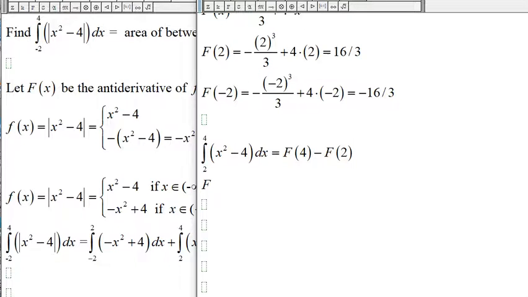For this particular integral, the integrand is x squared minus 4. So the antiderivative: add 1 to the exponent, we get x to the third, and then dividing by 3. And then the antiderivative for the constant is 4 times x.